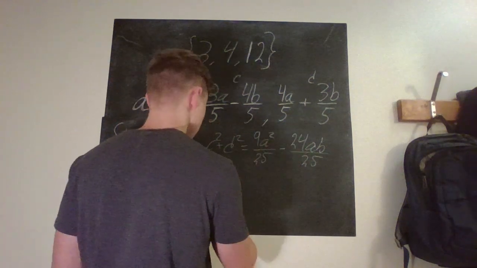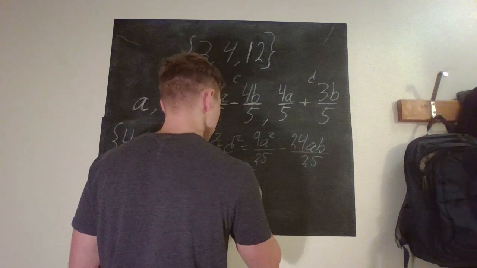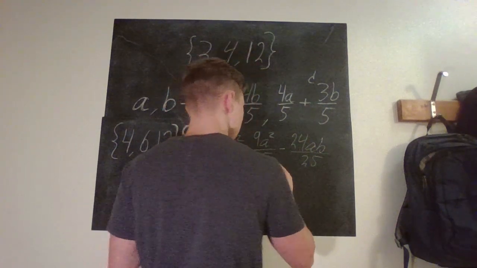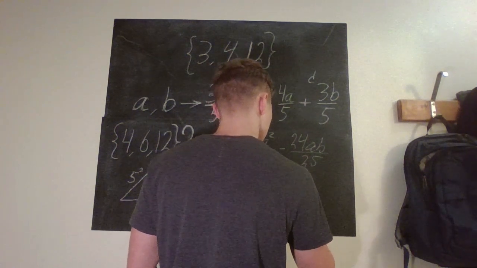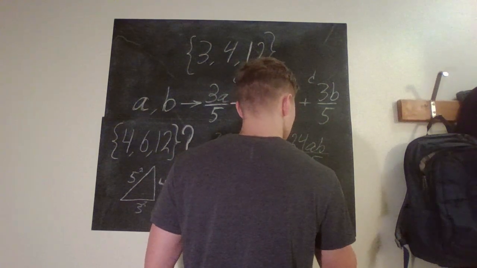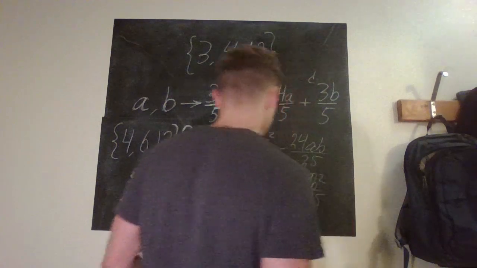For the second square we get 16A squared over 25 plus 24AB over 25 plus 9B squared over 25.